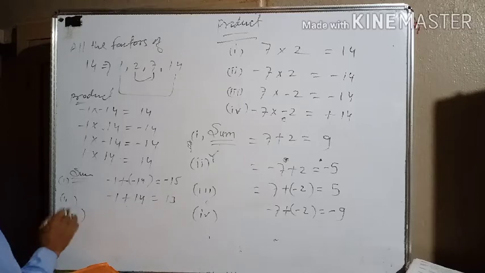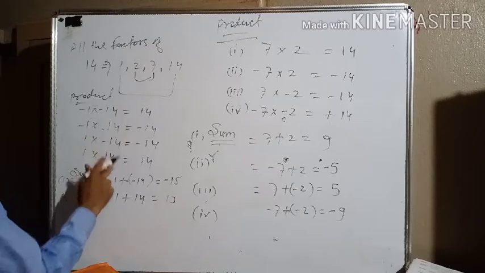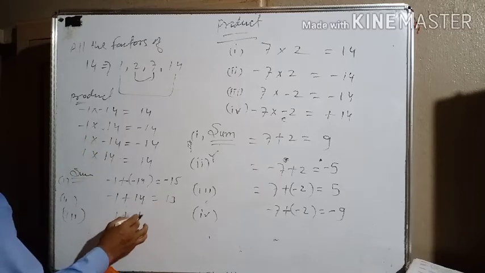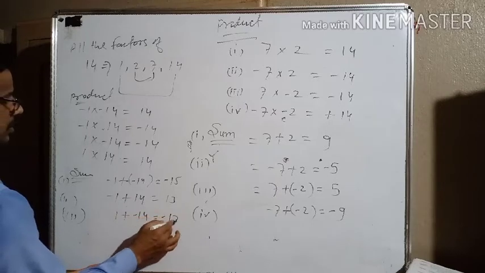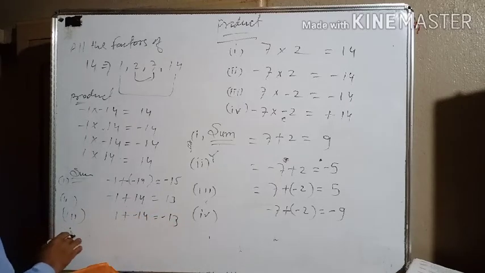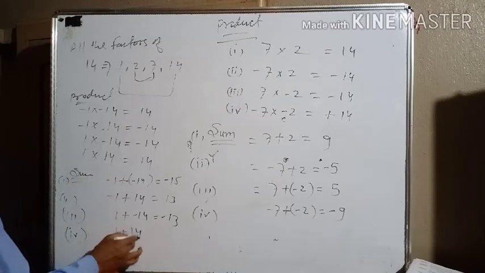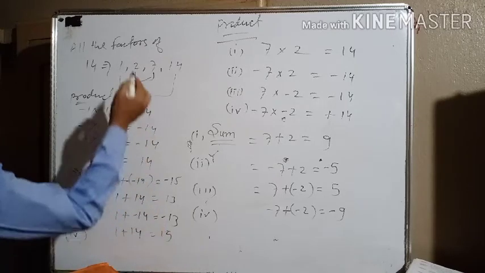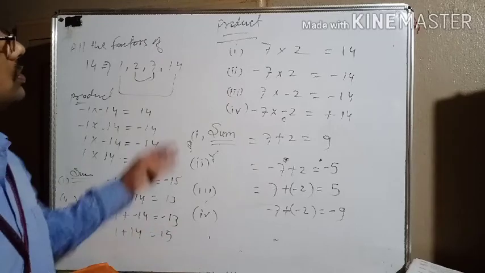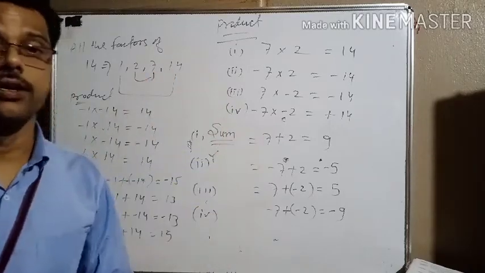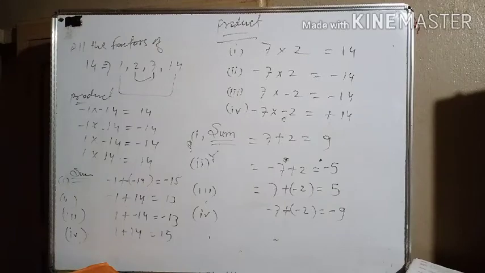Third, the product is 1 positive and -14. You can add 1 plus -14. In this case, you get -13. In the fourth condition, when you take both positive, 1 plus 14, what do you get here? 15. This is the way to frame the question. All the questions are very easy. This concept will really help you in our next classes.